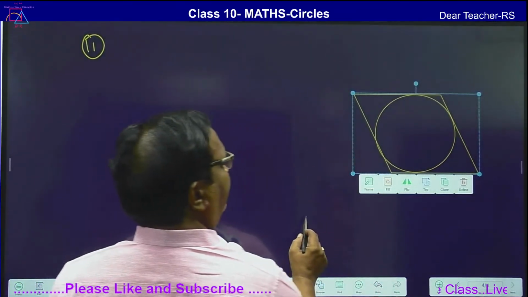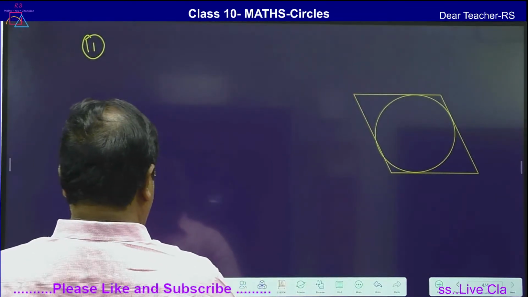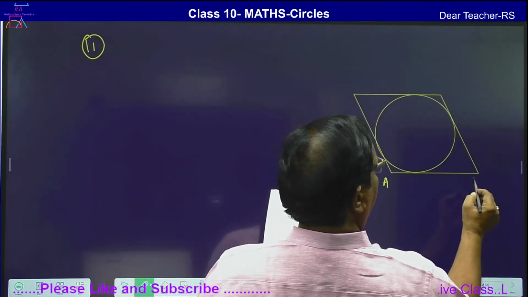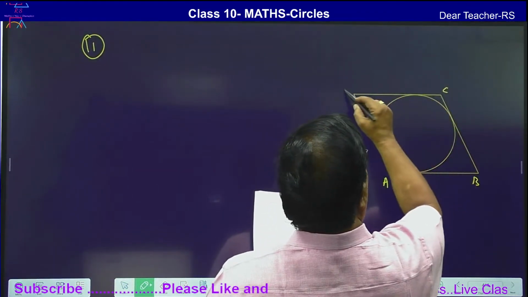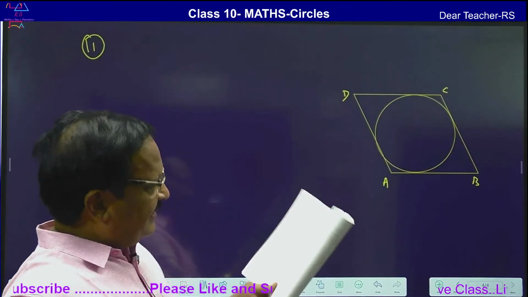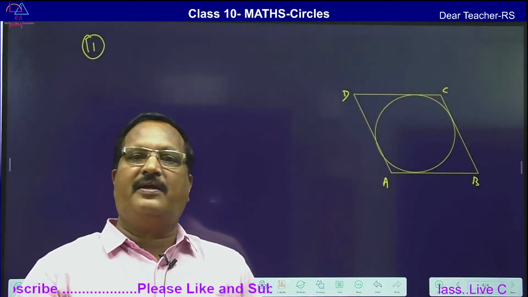Yeah, this is the parallelogram, I succeeded. ABCD is the parallelogram. Circumscribe means outside a circle, and we have to prove that this parallelogram is a rhombus.